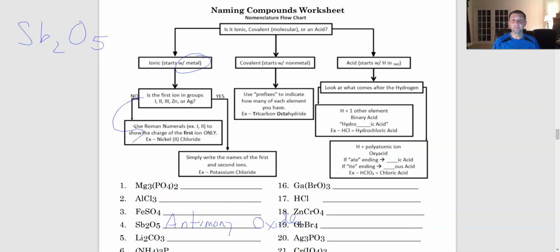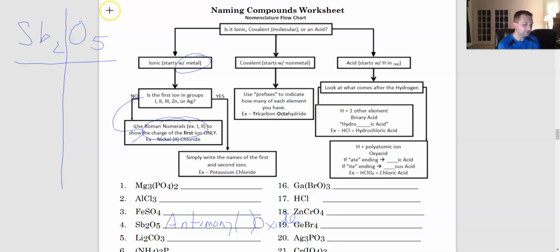Now, antimony can have a bunch of different charges, so we can't just say antimony oxide, because I won't know. I need to figure out what the charge is on antimony, and I'll use my Roman numerals to determine that. So there's my parentheses for the Roman numerals. Okay, let's figure it out. We don't know the charge on antimony right here, but I do know the charge on oxide.